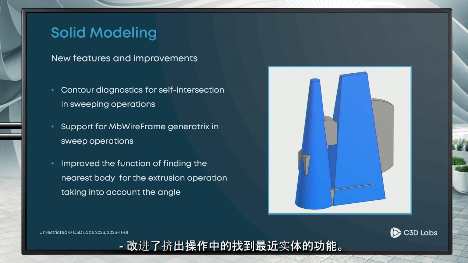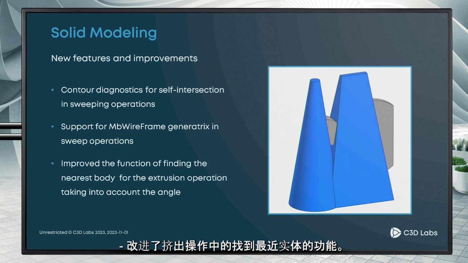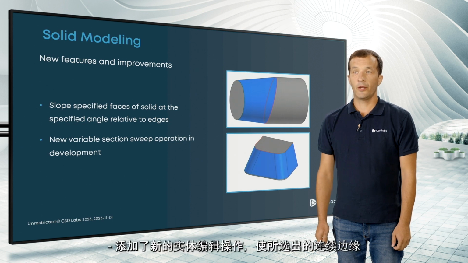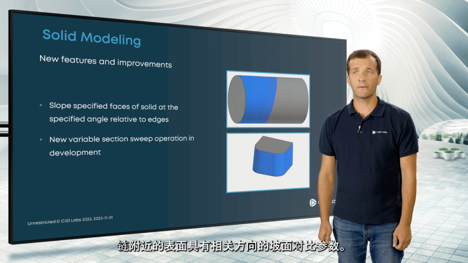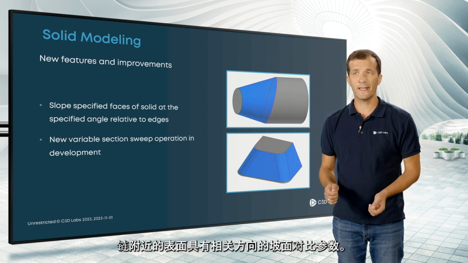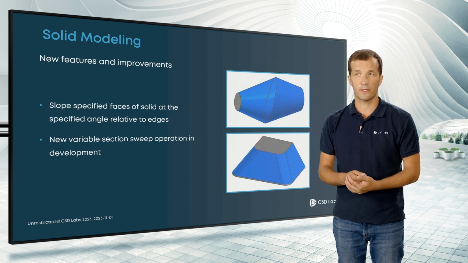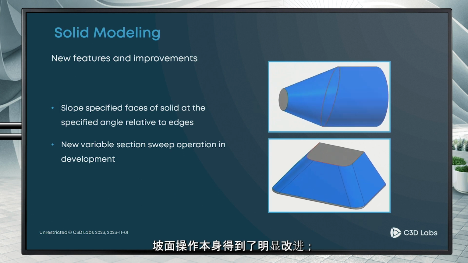The function of finding the nearest body for the extrusion operation has also been improved. Next, a new operation for editing a solid body has been implemented, giving a slope relative to a given direction to faces adjacent to a selected continuous chain of edges. The slope operation itself has been significantly improved.